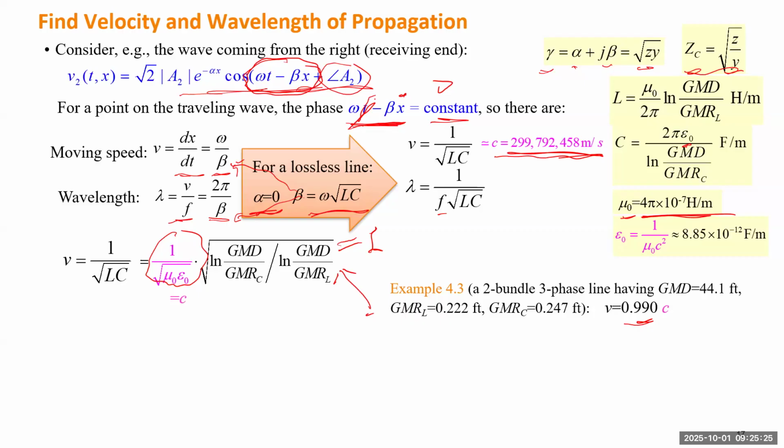That means the wavelength will be the speed divided by frequency, which is 5,000 kilometers. If you operate a 60 Hertz power system, the wavelength for wave propagation in the transmission line is always around 5,000 kilometers. If you operate a 50 Hertz system, this becomes 6,000 kilometers.